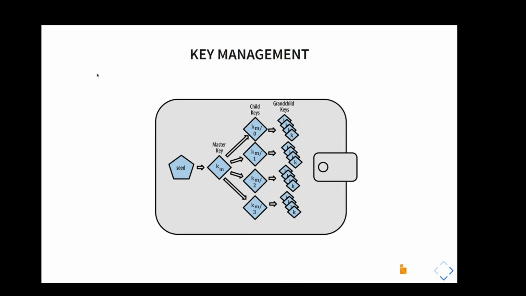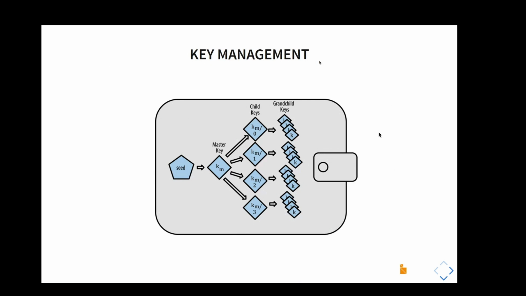Another point that is also missing in BDK, or that is a little bit different in silent payments in relation to BDK, is the key management. In BDK, we are used to handling the BIP32 derivation path that we use for keys.